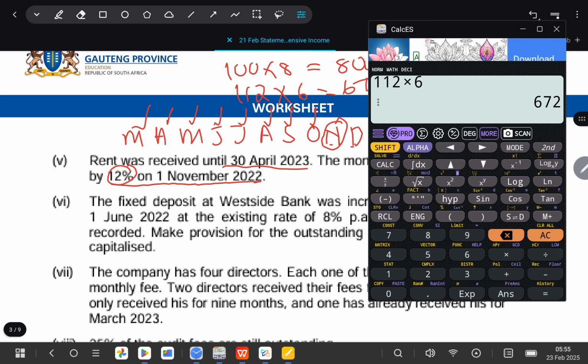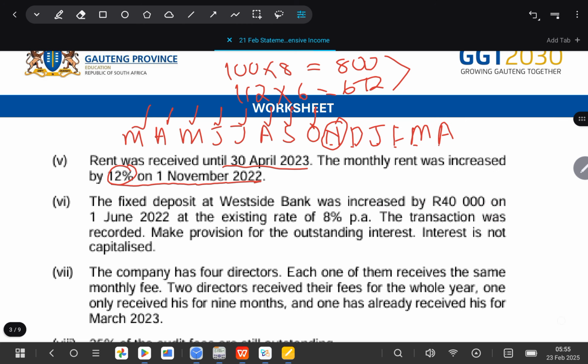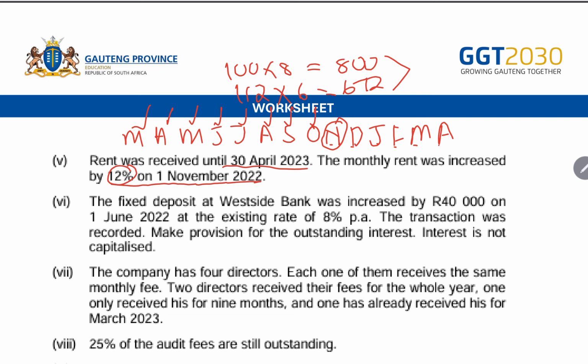So if we say 800 plus 672, it will give us the total percentage of the rent that we have received. So it's 1,472. So the total for this is 1,472. But for us, we are only interested in just 2 months.